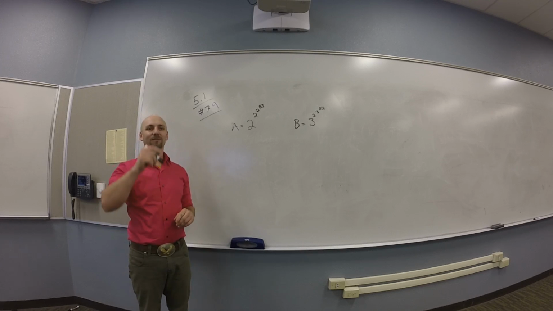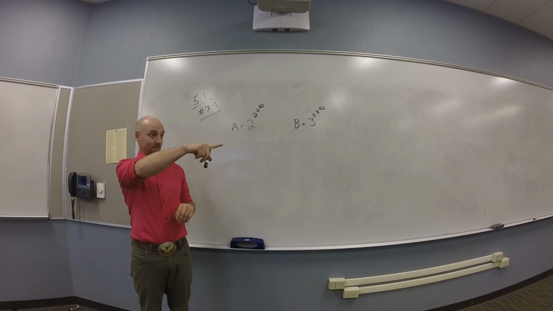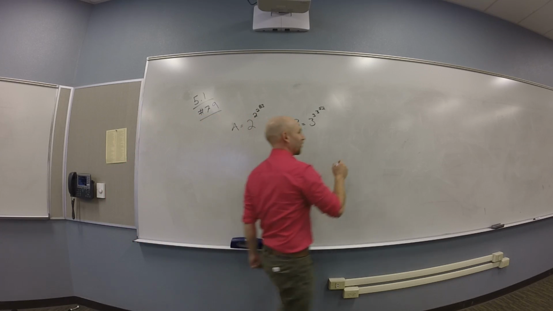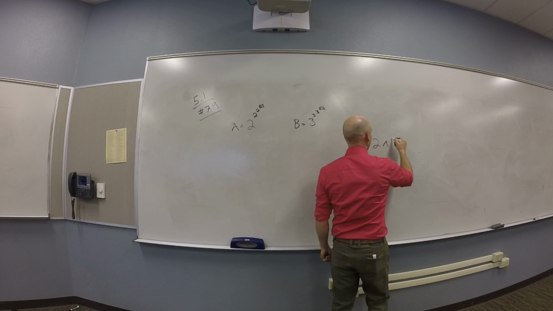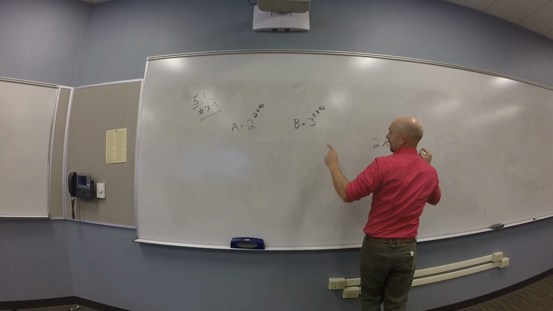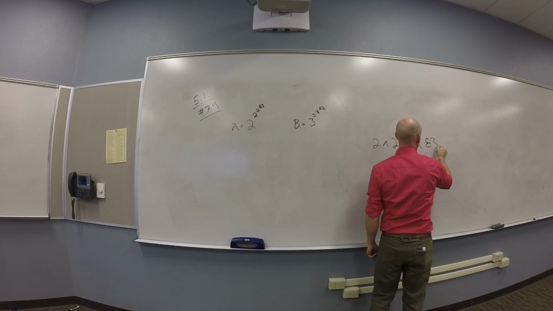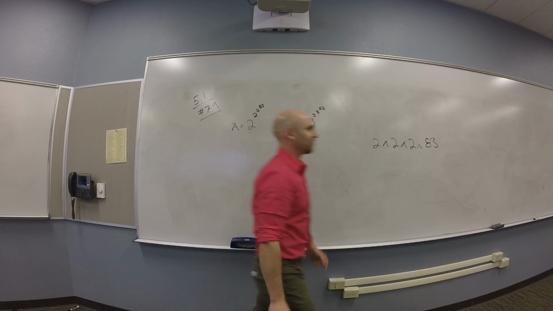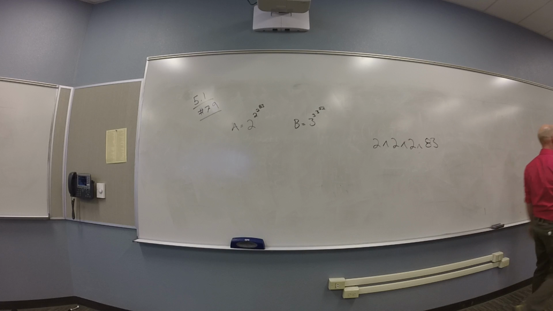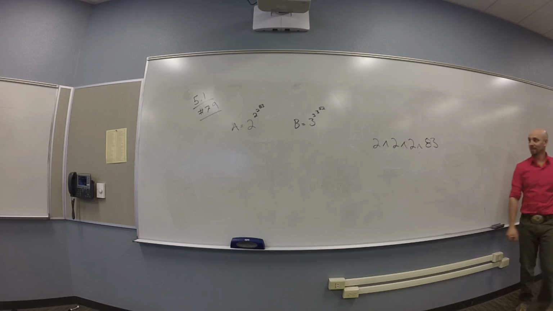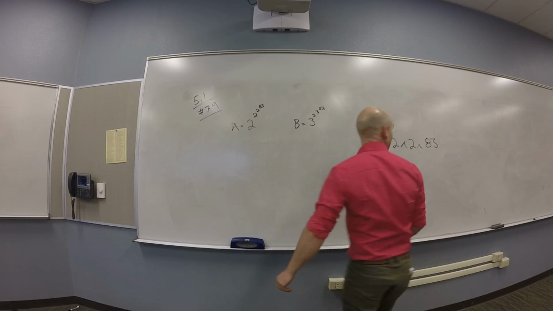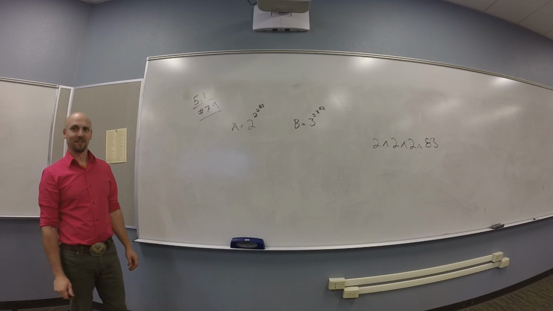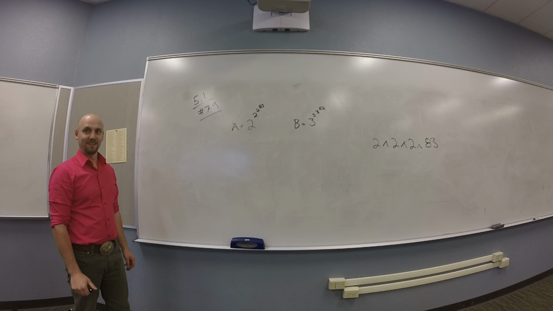One of you guys got a laptop sitting open? Can you Google? So go to Google and type this in. 2 caret 2 caret 2 caret 83. It's shift 6. Okay. Manlove.com.